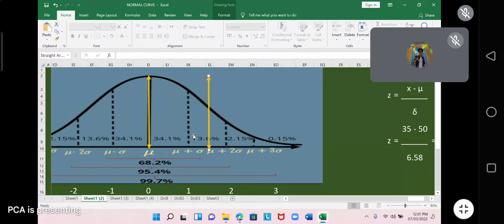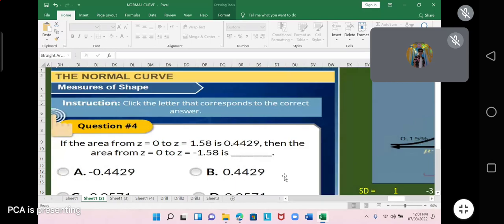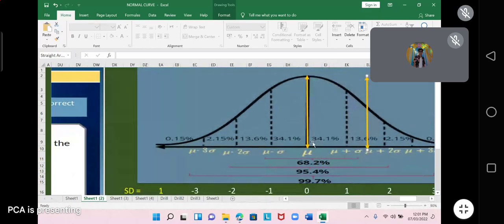What is that area? Why is it that it's telling here it's 0.4429? How do we actually have that 0.4429? Because if you analyze this one, 34.1, and then how do you actually divide 13.6? No, it will be so hard for you. Because this is 13.6% area, right?